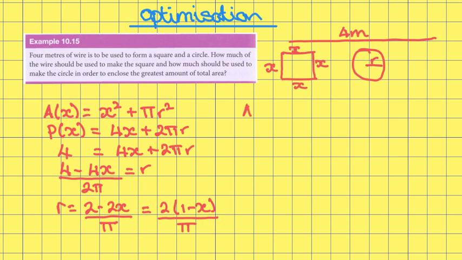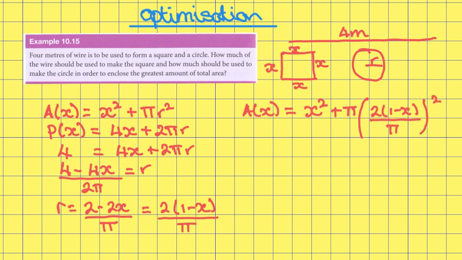So I've got A of x is equal to x squared plus pi times 2 lots of 1 minus x all over pi, squared.